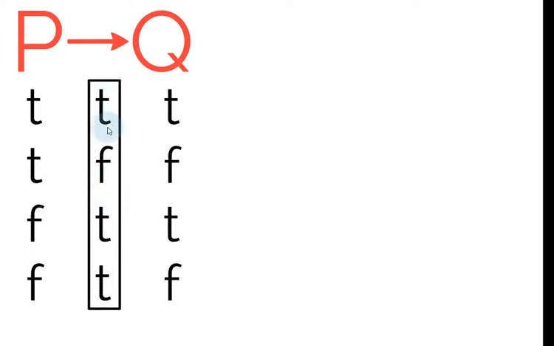Notice, when is a conditional false? You might as well remember conditionals this way. Conditionals are only false in this row right here. A conditional is only false when you have a true antecedent and a false consequent. Well, why is that?